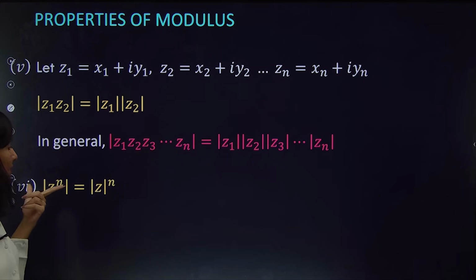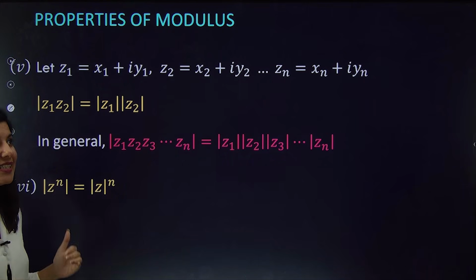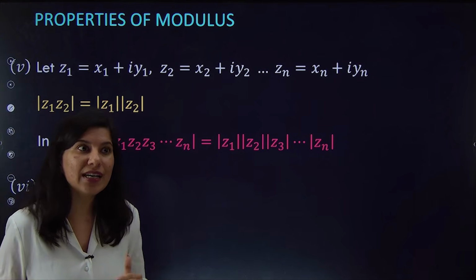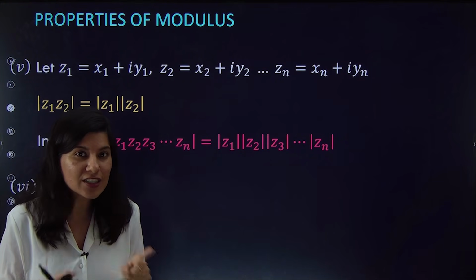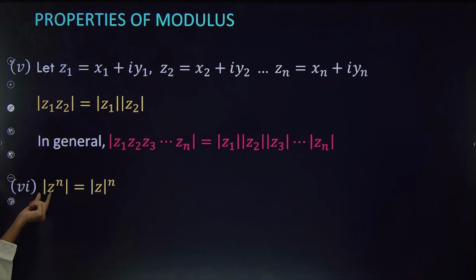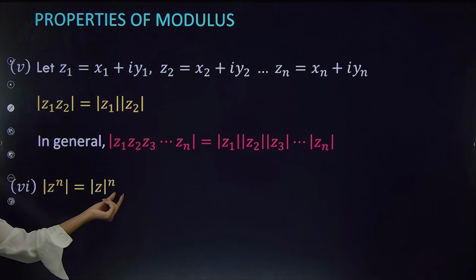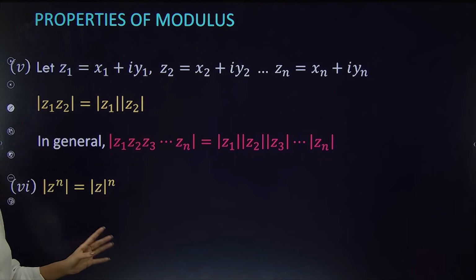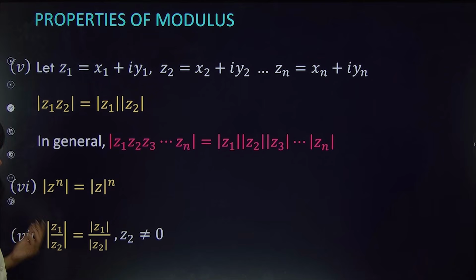Same as z cube bar is equal to z bar cube, we are interchanging the order of power and modulus. First take modulus, then power, doesn't matter. And the same for division: mod z1 by z2 is mod z1 by mod z2.